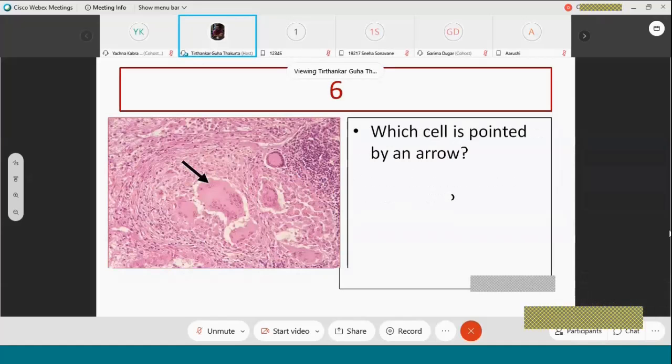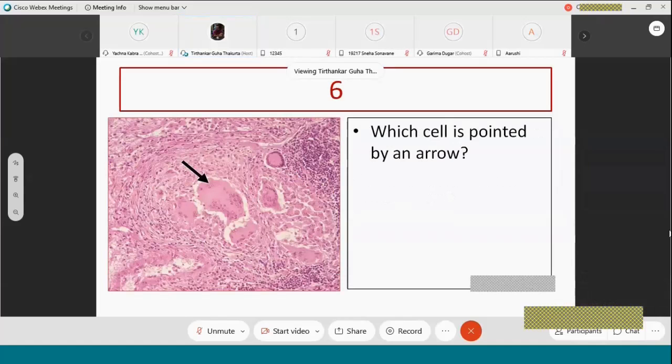What is the identity of the cell that is marked by an arrow? Very good. These are giant cells. Cells having pink cytoplasm and multiple nuclei. They are signs of chronic inflammation like tuberculosis. They may also be present in some tumors.